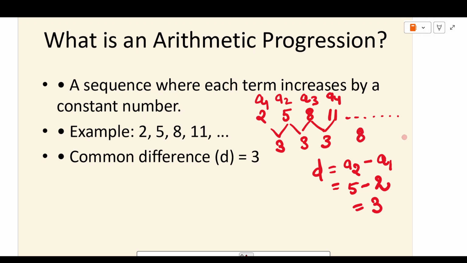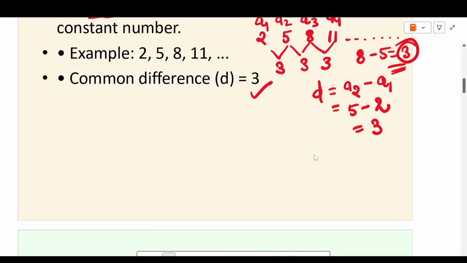Similarly, you can check 8 minus 5. You already found that here it's 3. So the common difference is 3. Then we can say that the sequence is in AP. So this is called arithmetic progression, where each term increases by a constant number, right?